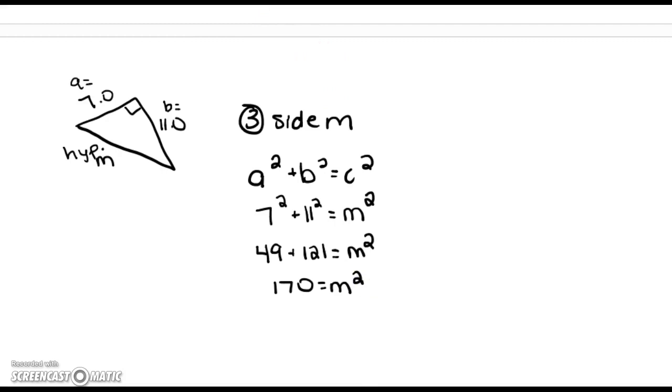Then we want to get M by itself, so we need to get rid of this square. To get rid of the square, we have to do that opposite operation, which means we have to square root each side. Then when you square root each side, we should find that M is equal to 13.04, and our units here are centimeters.